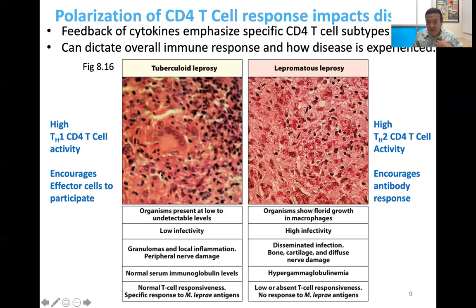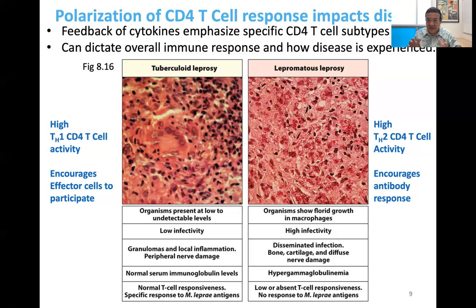If a patient has an immune system that decides to go in this direction, that usually involves high Th1 CD4 T cell activity, right? As the CD4 cells are activating, the cytokine messages convince the immune system and these little T cells to become Th1 type immune cells.